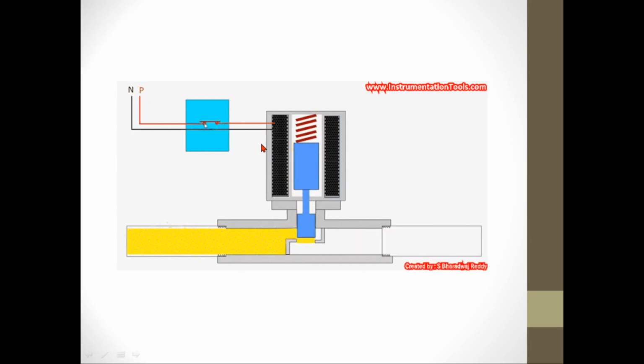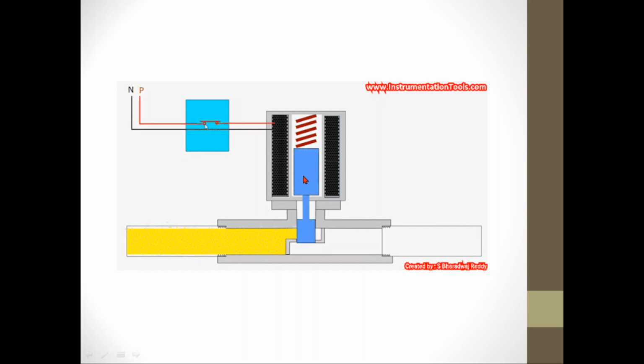Once the coil is energized, it creates magnetism, and this magnetism attracts the metal plunger.